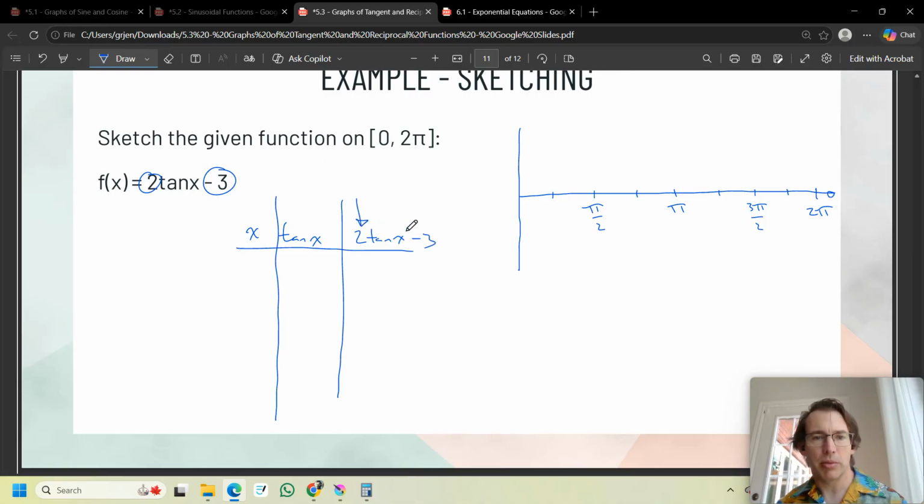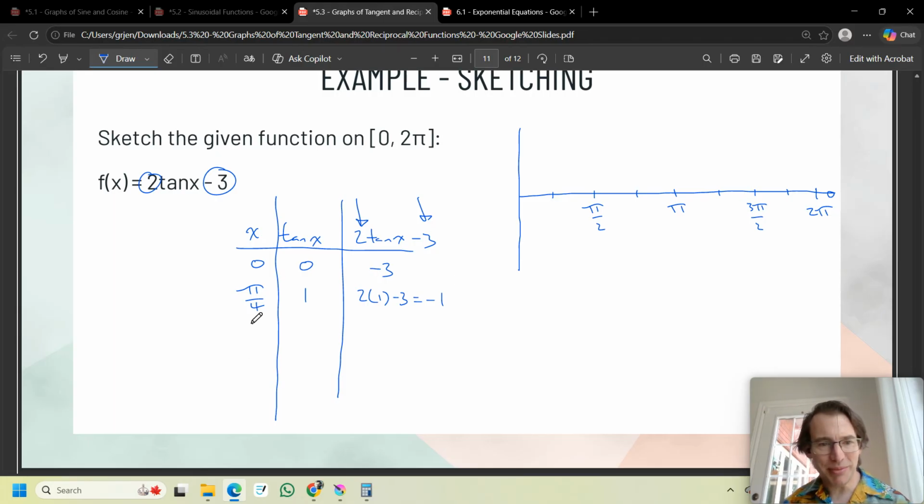We're going to multiply by 2 and subtract 3 to all the values we get. So when x is 0, tan x is 0, and there 2 tan x minus 3 is just going to be minus 3. When x is pi by 4, tan x is 1, so this will be 2 times 1 minus 3 equals minus 1.